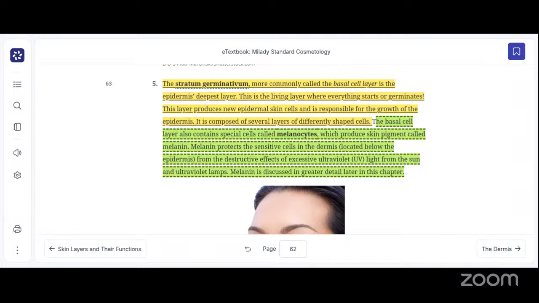But most individuals already have melanin, and that melanin is already working to protect them from harmful sun rays. Most likely, individuals that have melanin will not burn as much as those who do not have melanin.